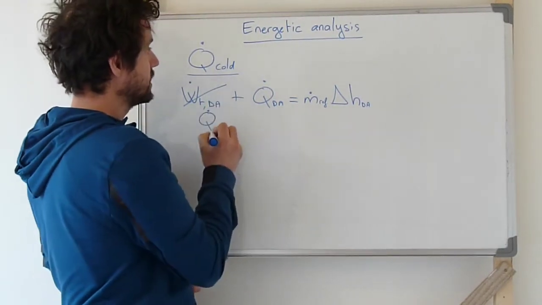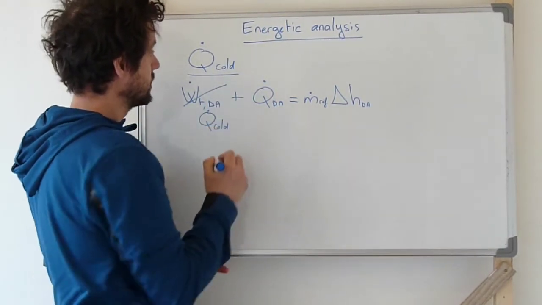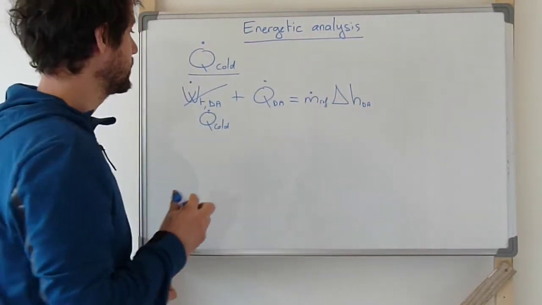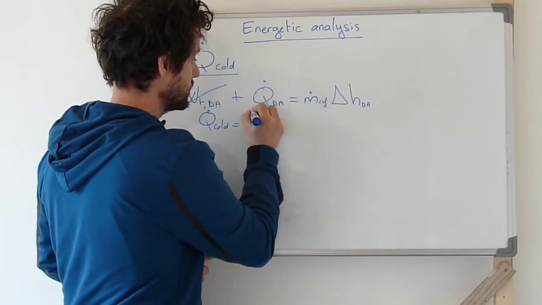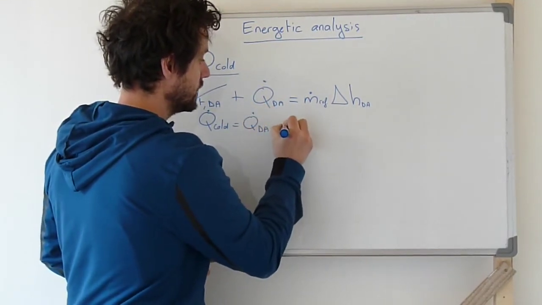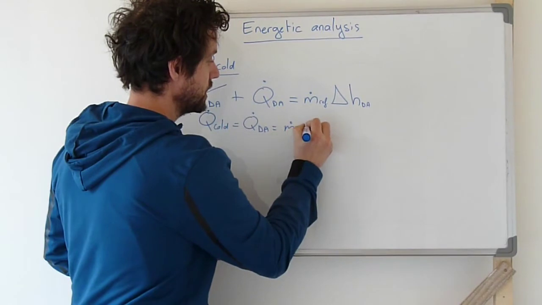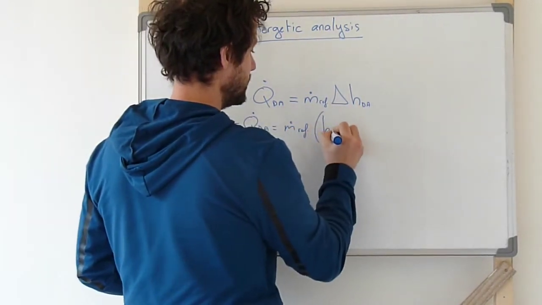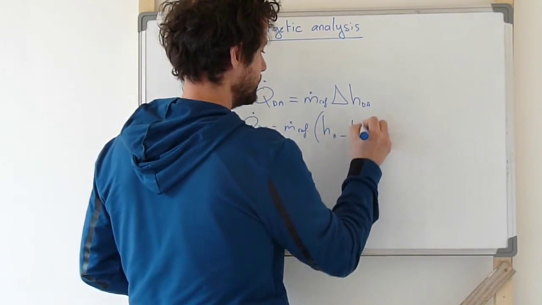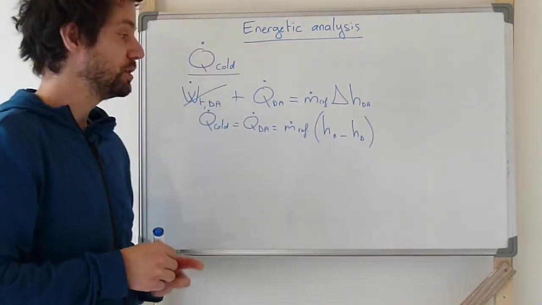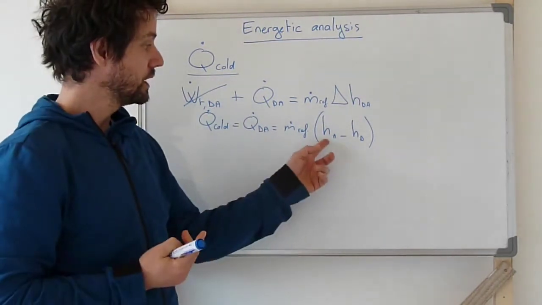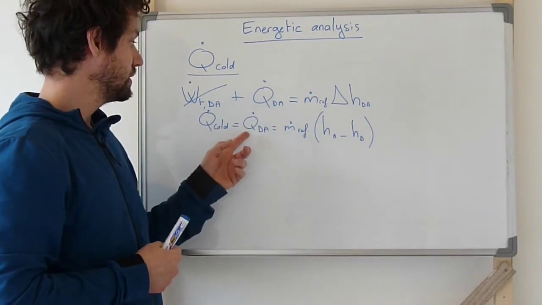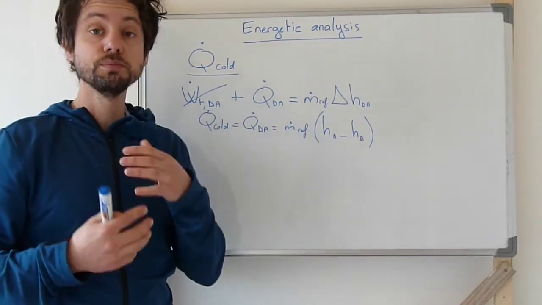So the heat exchange that we have between the cold source and the refrigerant directly corresponds to Q_DA here, and it can be calculated with the mass flow rate of the refrigerant times this difference of enthalpy between point A and point D. So the specific enthalpy of point A is always bigger than the specific enthalpy of point D. So this heat exchange is always positive.